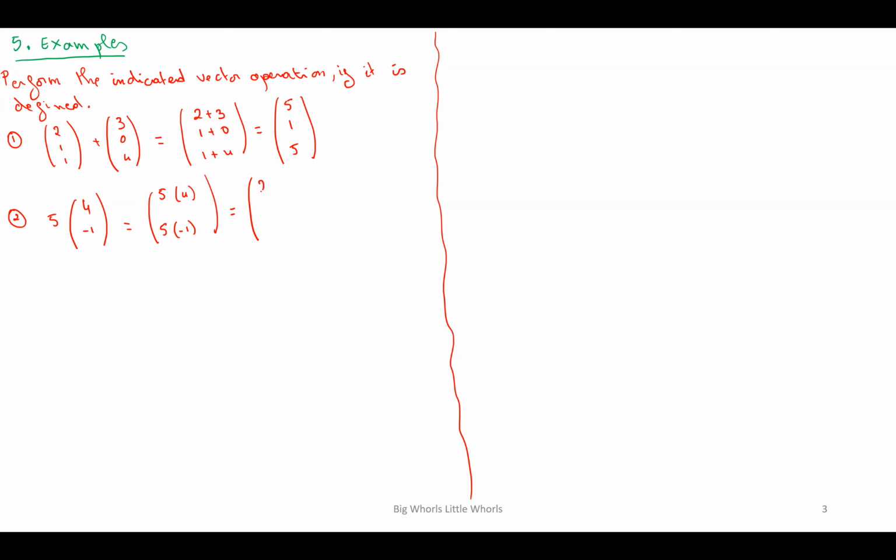It is equal to (20, minus 5). So that operation is defined. The first one is also defined because the two vectors have the same number of components, or the same dimensions.